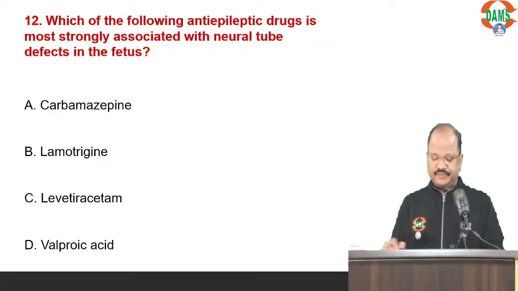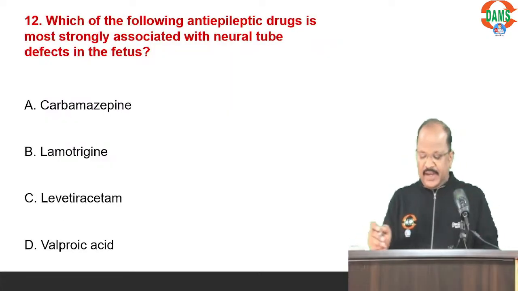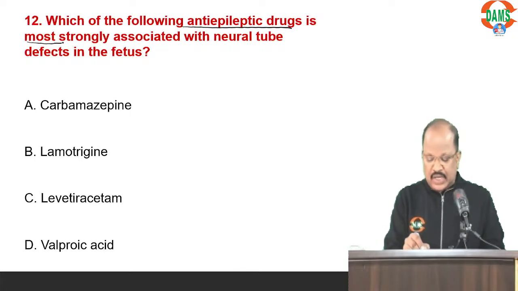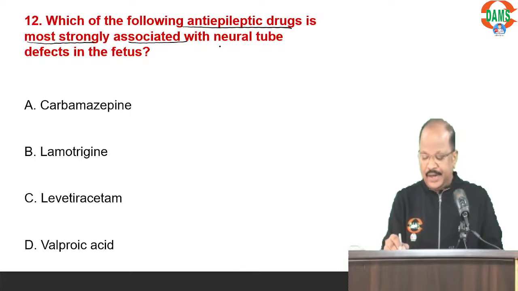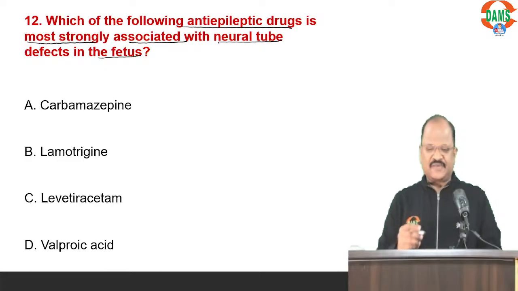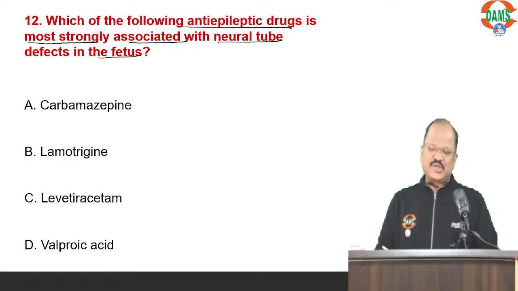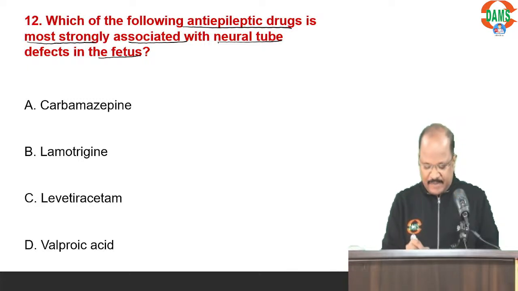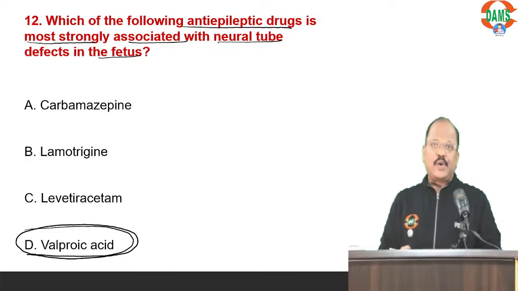Okay, next. Which of the following anti-epileptic drugs is most strongly associated with neurological defect in the fetus? This is under the LKG question category. Among the anti-epileptics, the most teratogenic is valproate, and it causes a massive risk of neurological defect.